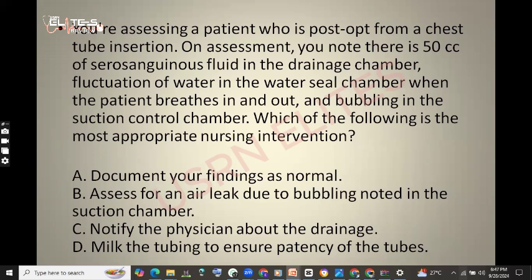Though it wasn't specified, take it as bubbling. I mean there is bubbling in the suction control chamber. Unless it's intermittent, they will let you know that it's intermittent.